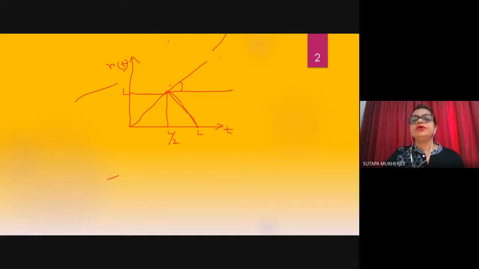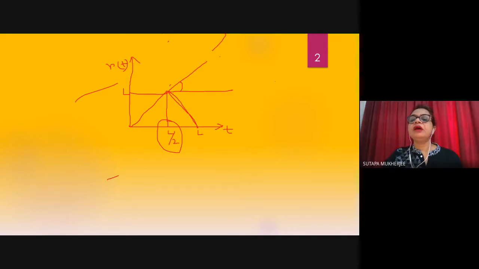Fine. So if you want to make this up-down, then you have to write minus 2RT, because it starts from L by 2. Just mind it.